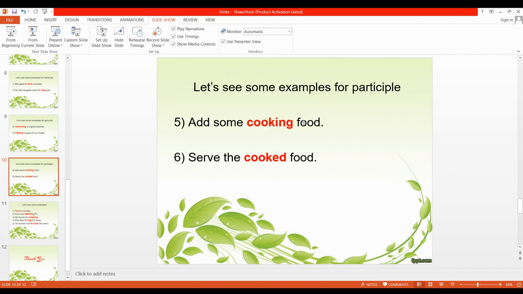So that is present participle form, and here there's no change in participle form of the verb, so that is called as non-finite verb. Here, serve the cooked food, v3 form, verb 3: cook, cooked, cooked. The third form can be used in the sentences, and again it doesn't need any changes in the meaning in the sentences, so it is called as non-finite verb.